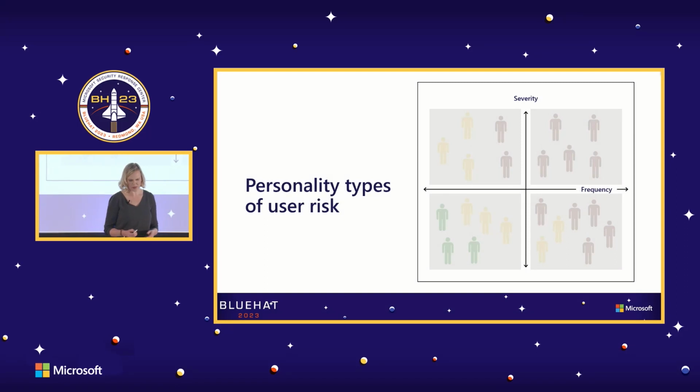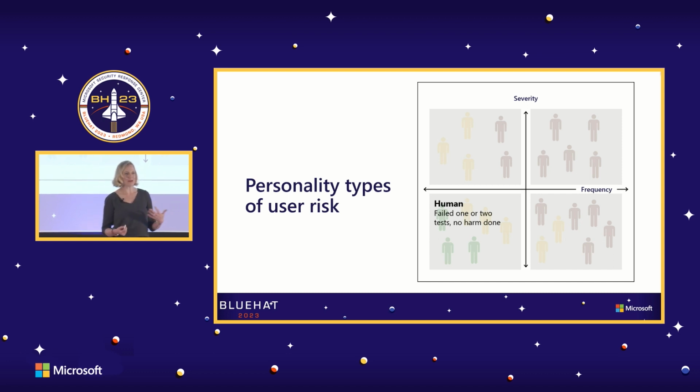One malware instance is not the same thing as a browsing violation. And so I wanted to introduce this particular concept with the X and Y chart of severity and frequency. When an employee falls into one of these four quadrants, there are very different ways that we should think about them as a risky user. Now, if someone is in the bottom left, there's low severity and low frequency, they're mere mortals.